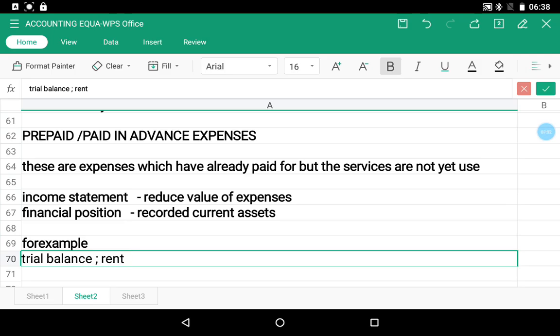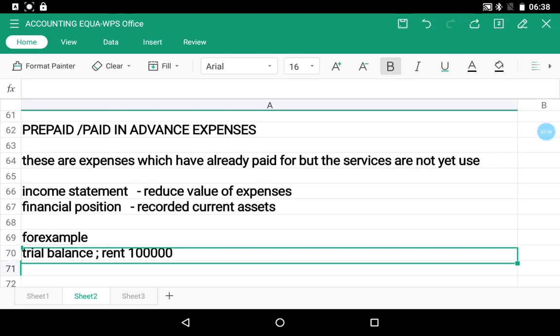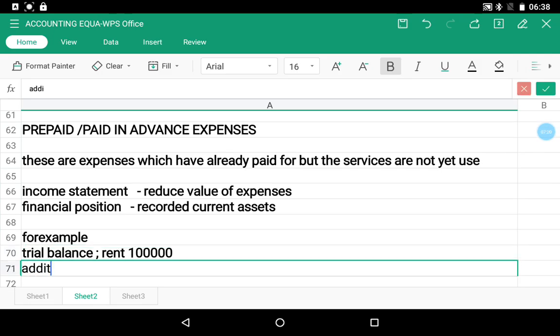But for example, here they'll say our rent is 100,000. But here they have said at the end of the period, most of the time it is always in additional information, they have said prepaid rent is 40,000.